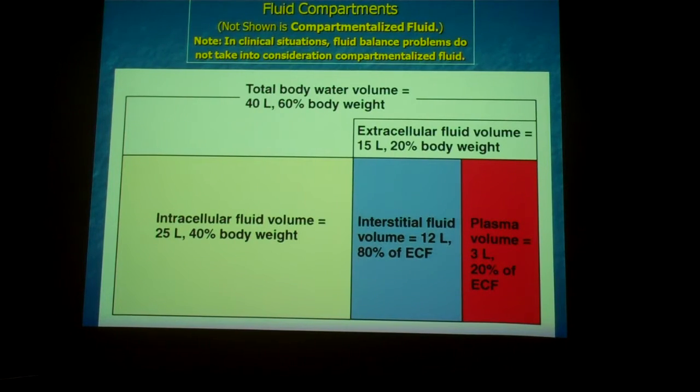Now, as far as clinical problems with fluid balance go, we're mainly talking about ECF and ICF to the exclusion of compartmentalized fluid. So if we have fluid shifts that cause clinical problems, we're not considering compartmentalized fluid in that. That's fairly fixed and stable. The clinical problems come from imbalances between extracellular and intracellular fluid, as you see right here.